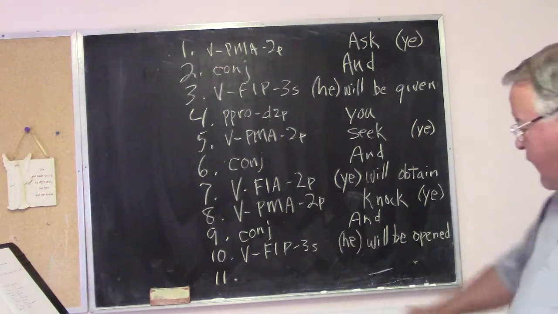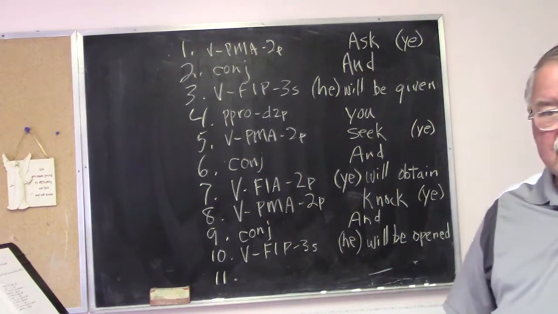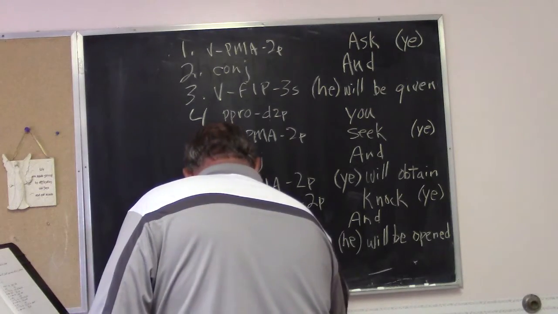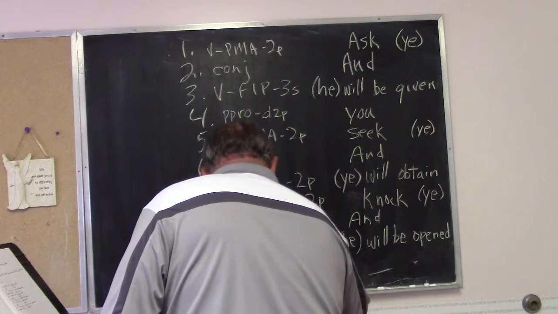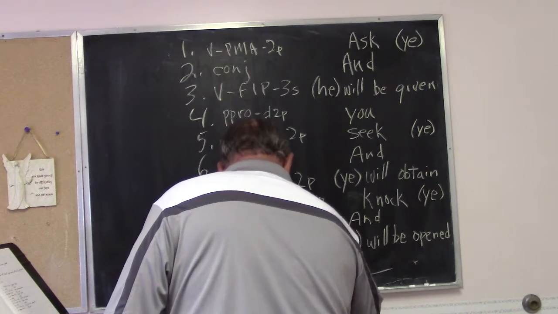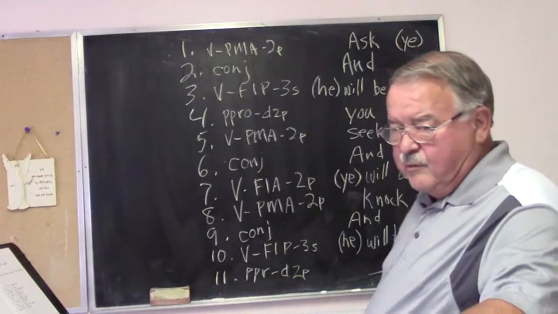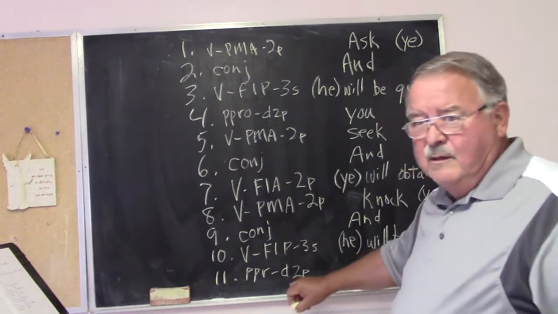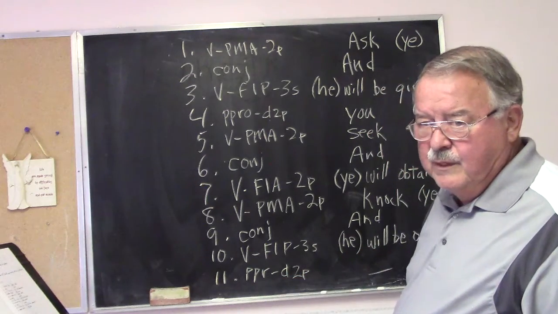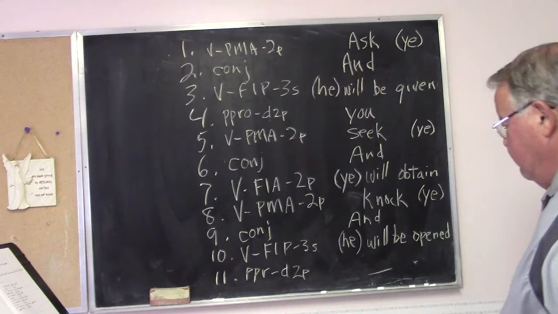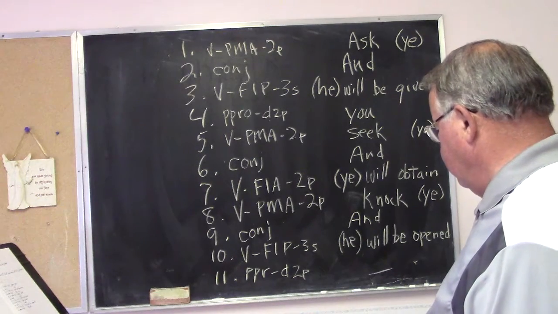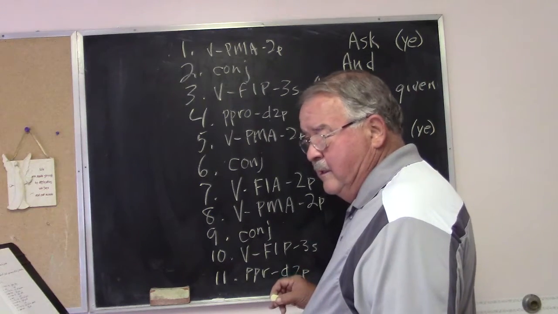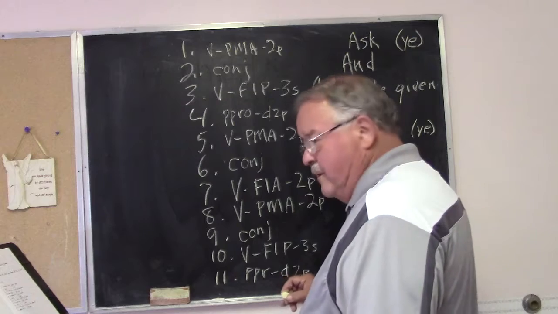And what's the last word? The 11th word is PRO dash D2P. By the way, punch that green, because we've had 2 of these now and we want to know a little more about that morphology. Personal possessive pronoun, dative, second person plural.